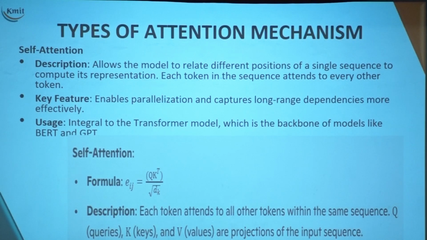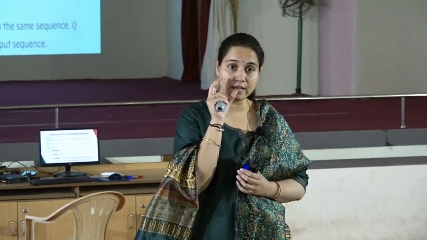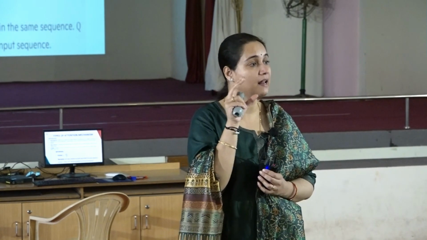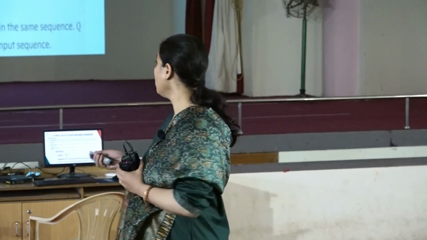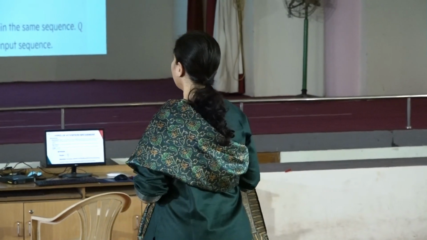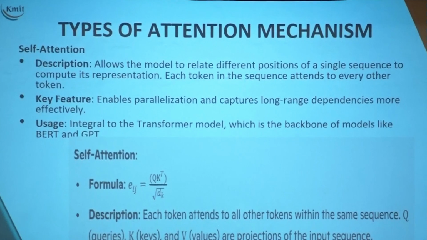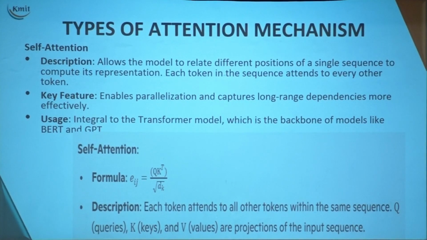Self-attention, very important. Based on this, we will be doing our exercises. So, self-attention is where your K, Q and V come into the picture. If you are using a single set of these query, key and value, it is single-headed self-attention. Understanding? So, self-attention means it allows the model to relate different positions of a single sequence to compute its representation.